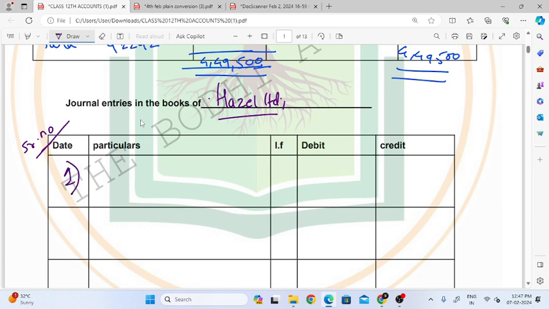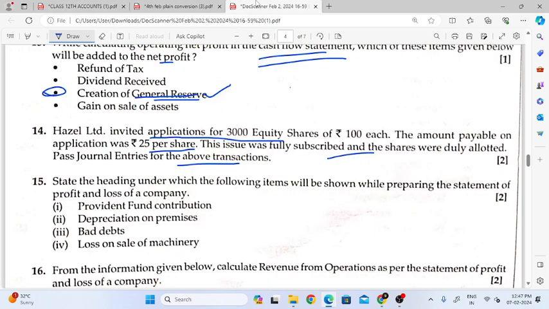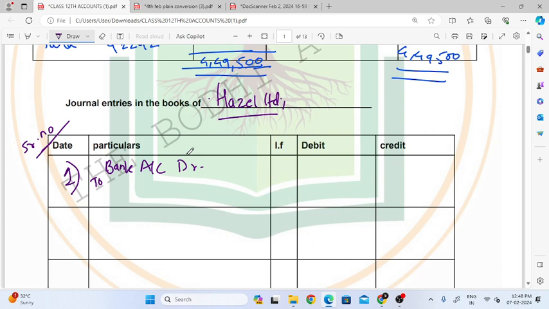The first one is that the application amount is going into the bank. So bank account debit to equity share application account. Here they have given 3000 multiplied by 25. So bank account debit to equity share application account.